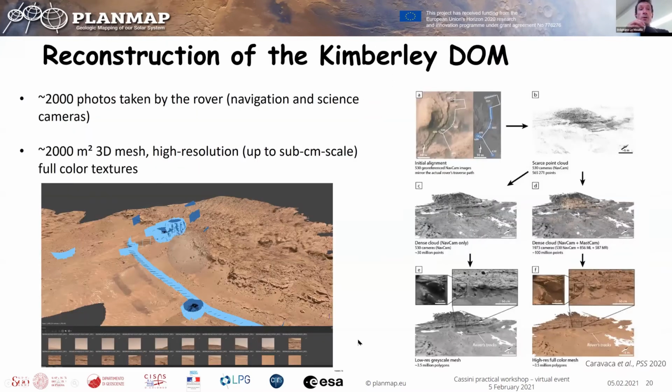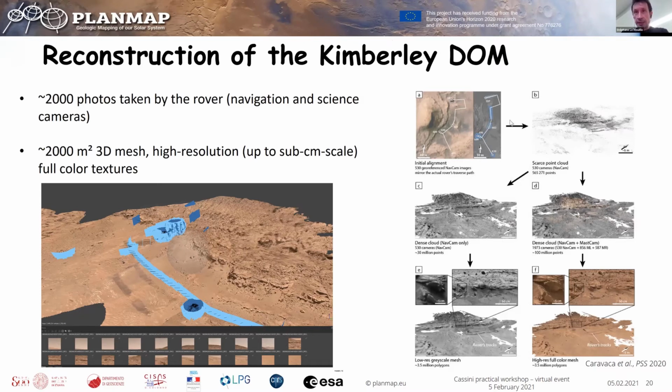So just to recall, something that we have been doing in the framework of the Plan Map project, it's work done on part of the Curiosity traverse. It's called the Kimberley outcrop. So this is a place where we used 2,000 images taken by Curiosity, both with the navigation camera and with the science color cameras. Once integrated, you see how the different steps are done here.